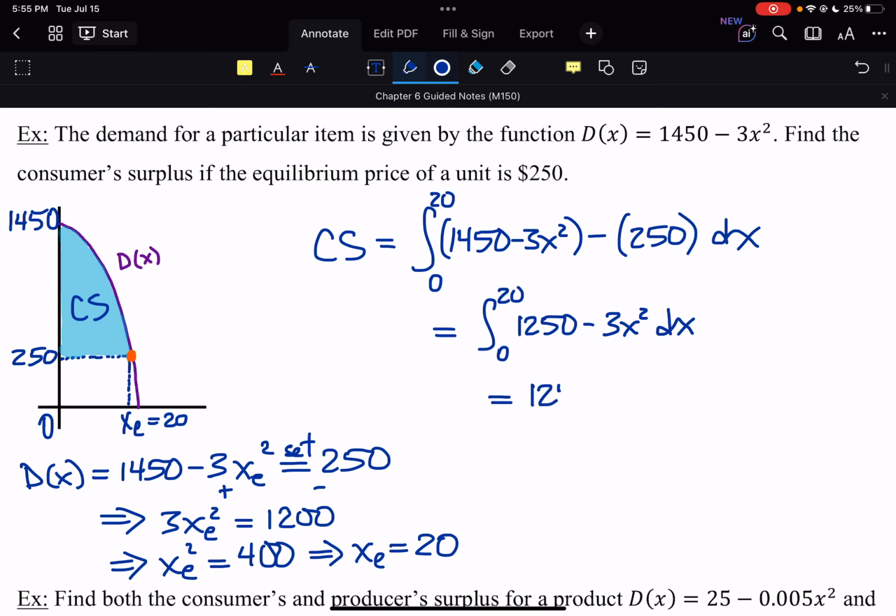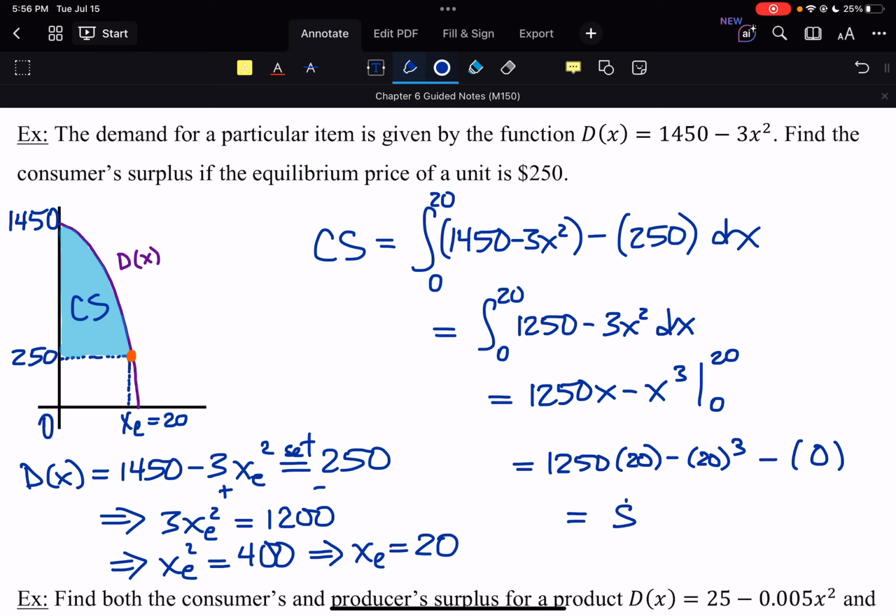That's 1200x minus x cubed, evaluated from 0 to 20. So we get 1200 times 20 minus 20 cubed, minus the 0 case, which just turns everything into 0.